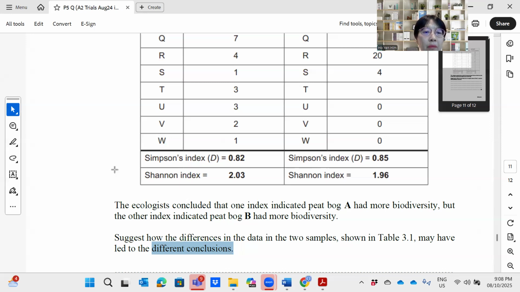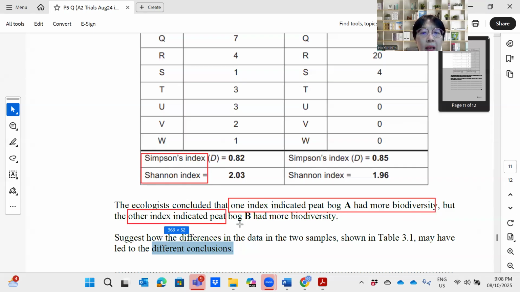See, this is Simpson's index, this is Shannon index, right? But you see that the conclusion there didn't say which index. One index indicates pit bog A had more biodiversity, and the other index indicates pit bog B has more biodiversity. They didn't tell us which index tells us that pit bog A has higher biodiversity, whereas which index tells us that pit bog B has higher biodiversity.